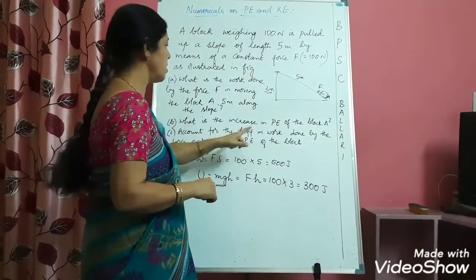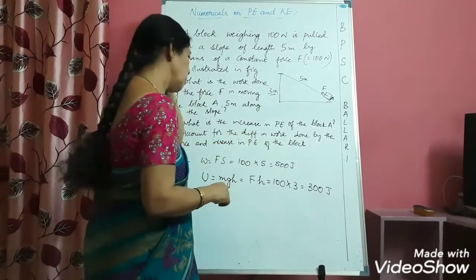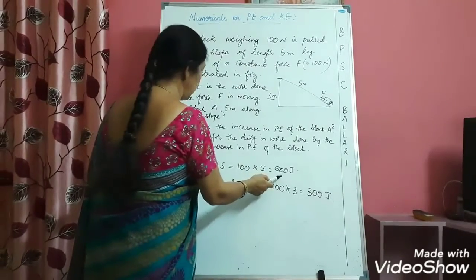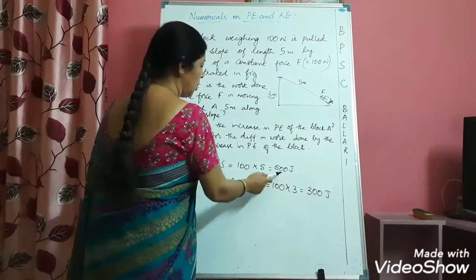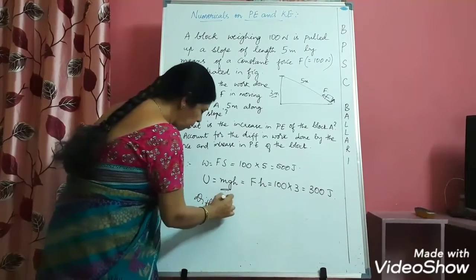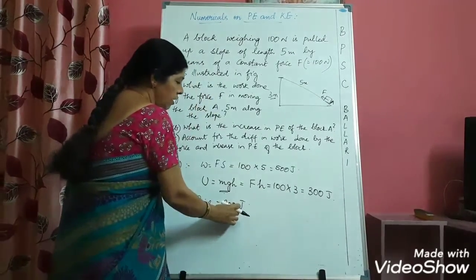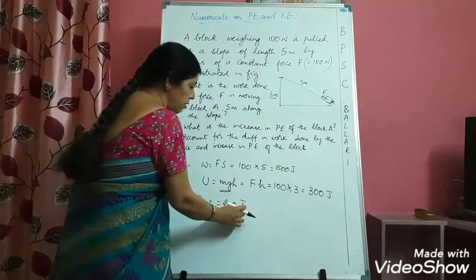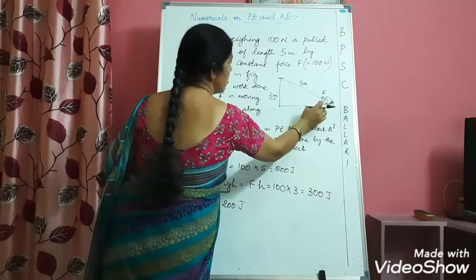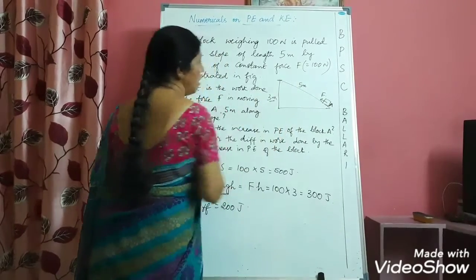Now let us see what is this third question. Account for the difference in work done by the force and increase in potential energy of the block. Now you can observe here there is a difference in the work done and increase in potential energy. Now what is the difference? The difference is equal to 200 joules, and for what is this difference of 200 joules used? It is used to move the block against the force of friction along the slope.